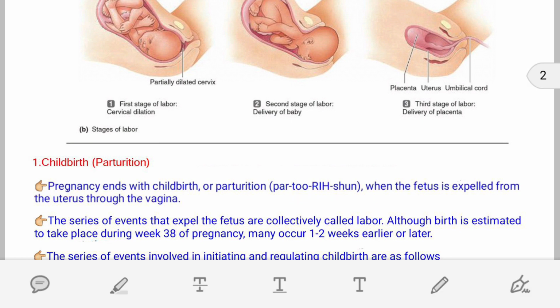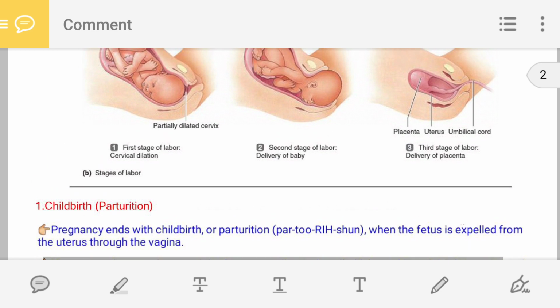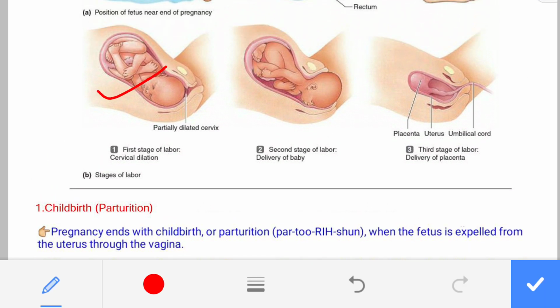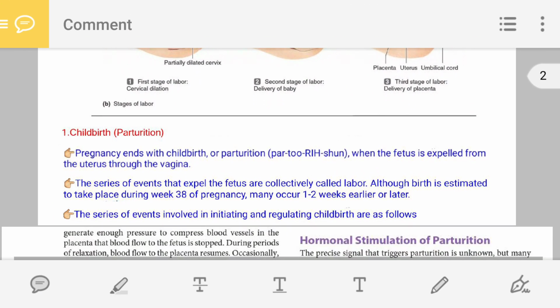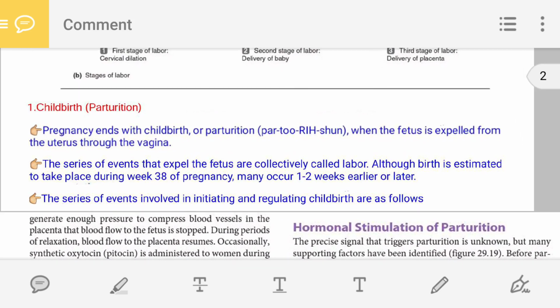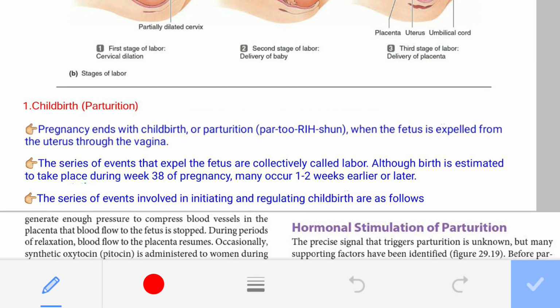And during this process, what is happening? As you can see, this is the fetus, and this fetus is expelled out from the uterus through the vagina. So basically, childbirth literally means the expelling of the fetus from the uterus through the vagina. That is the meaning of childbirth.